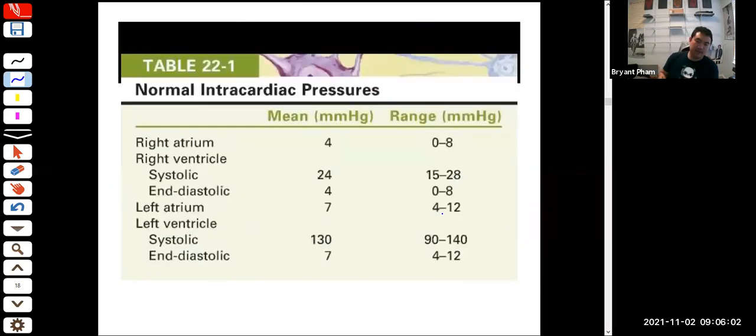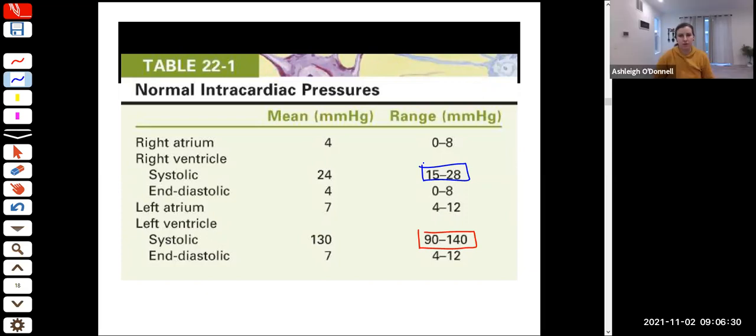All right, so this slide here, let me say you do not need to know these numbers. Just trying to illustrate a point here. Your left ventricle has to generate 90 to 140 millimeters of mercury versus your right ventricle only has to generate maybe 30. Why does the left ventricle have to work so much harder than the right ventricle?